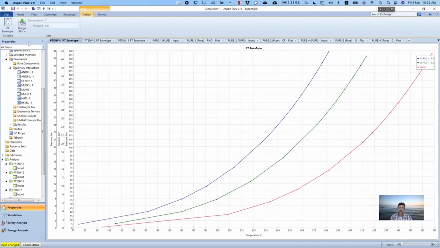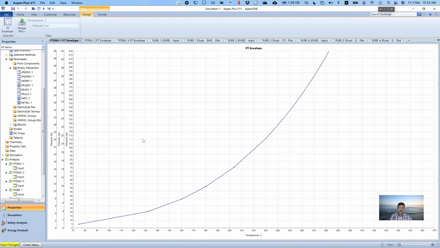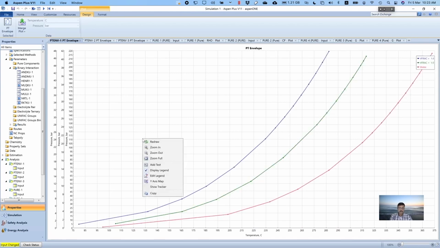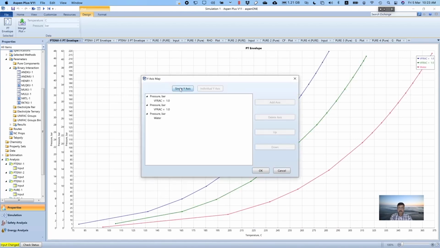Okay. Now everywhere they have taken a separate y-axis for themselves. Now we want to merge them all. So go to y-axis map, make it single axis and press OK.